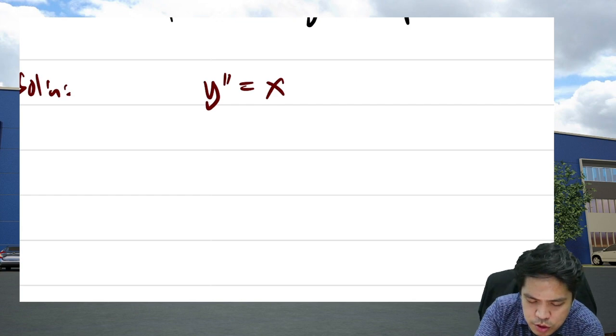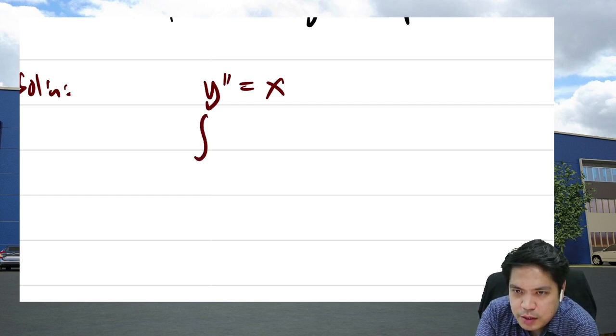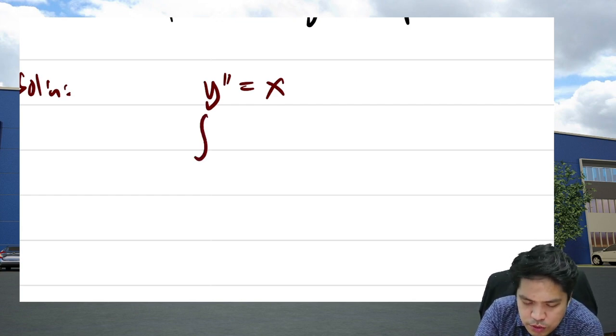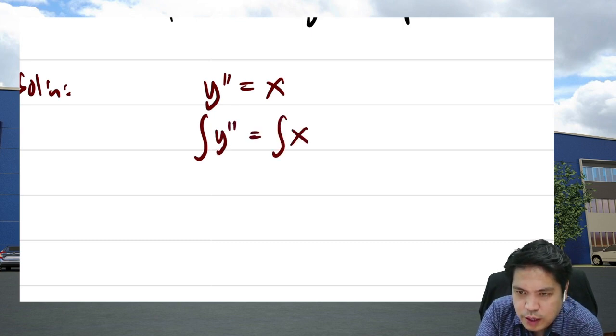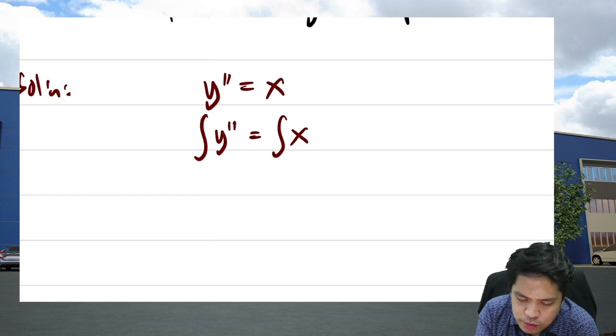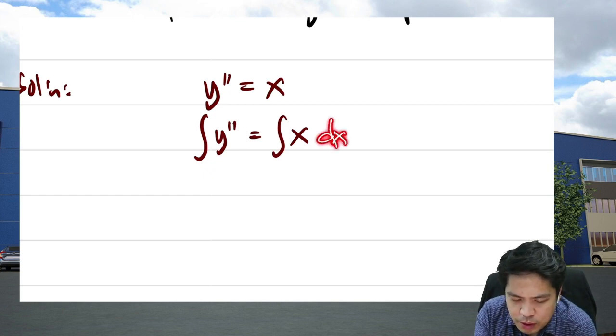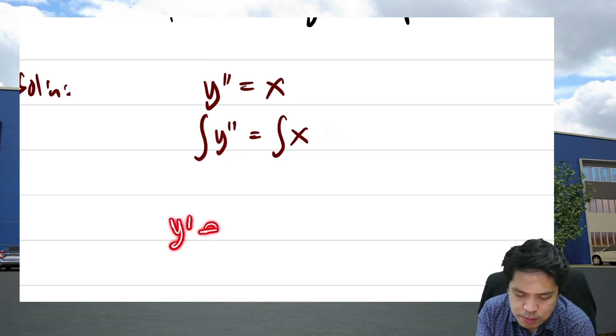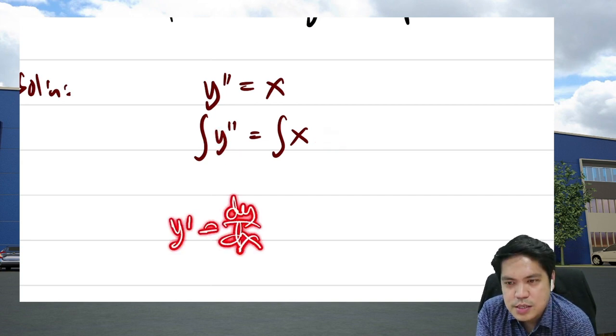Okay? So, if I apply integration both sides, so that would be the integral of y double prime is equal to the integral of x, dapat may dx pa tayo dito, diba? Pero nandito siya kasi we know that y prime is dy over dx.